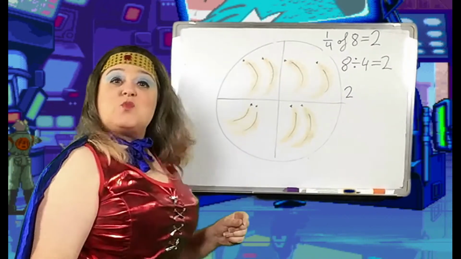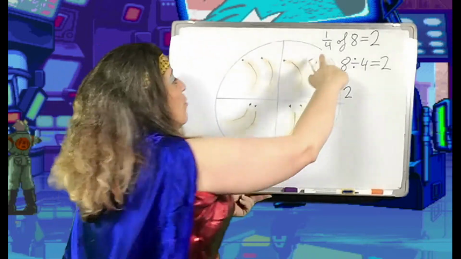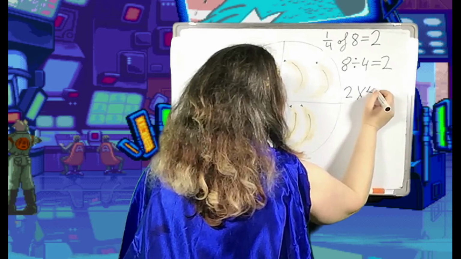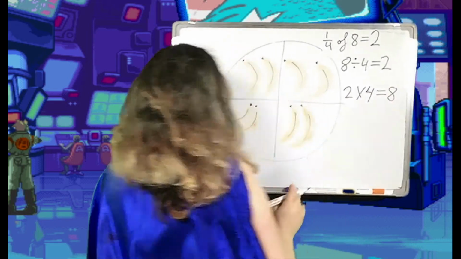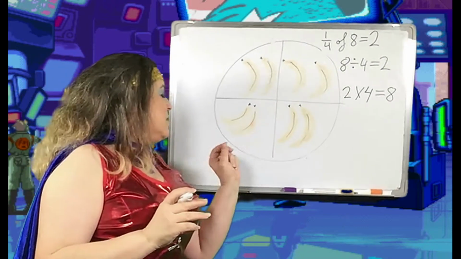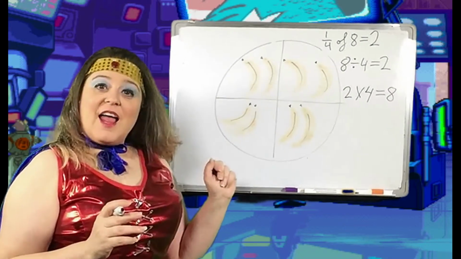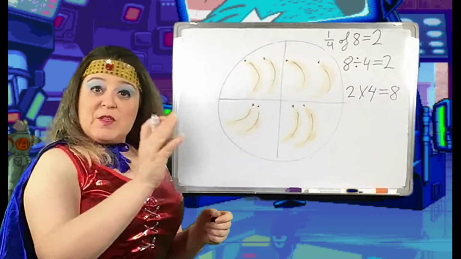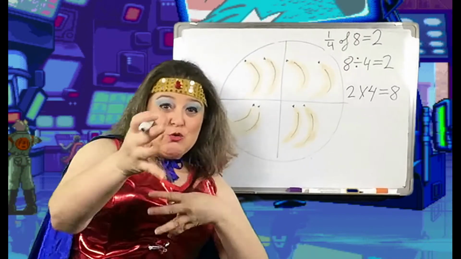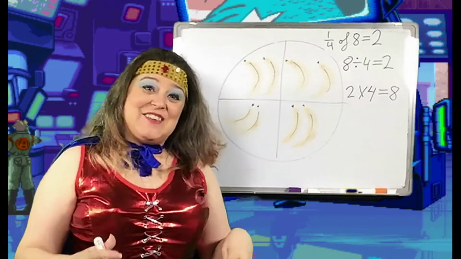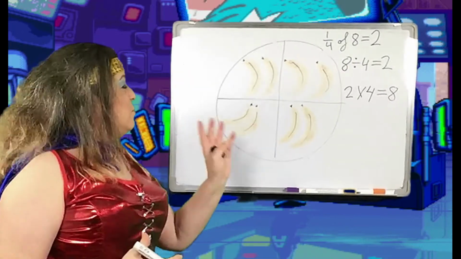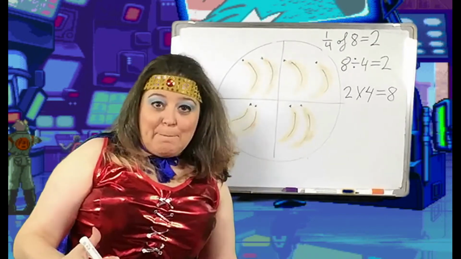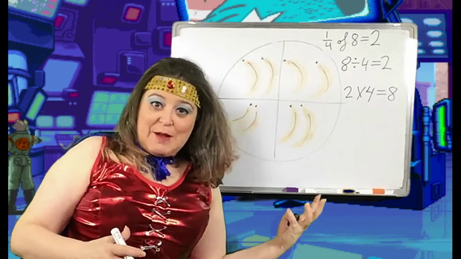We know that the 2 bananas were a quarter of a bunch, and we know that the bottom number in a quarter is 4. And we know that 4 2s are 8. Okay? So remember, fractions have a lot to do with multiplying and dividing. You can use what you know about multiplying and dividing to help you work out fractions of objects, fractions of numbers, and fractions of shapes.